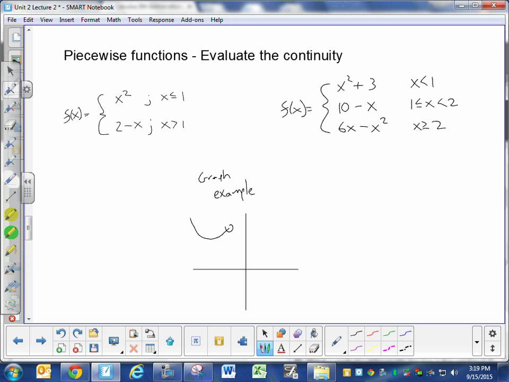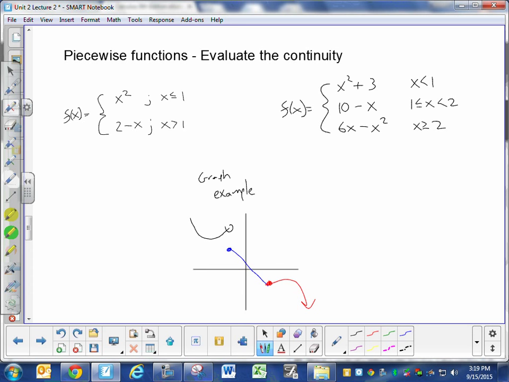And then maybe we would leave this piece and we'd pick up with a second piece right there. And maybe that's a straight line. And maybe that second piece connects with my third piece. That possibly looks like that. Okay, this is what a piecewise function would look like. You know, 3 different graphs that you kind of lay on top of each other depending on what your domain is or what your x's are defined.